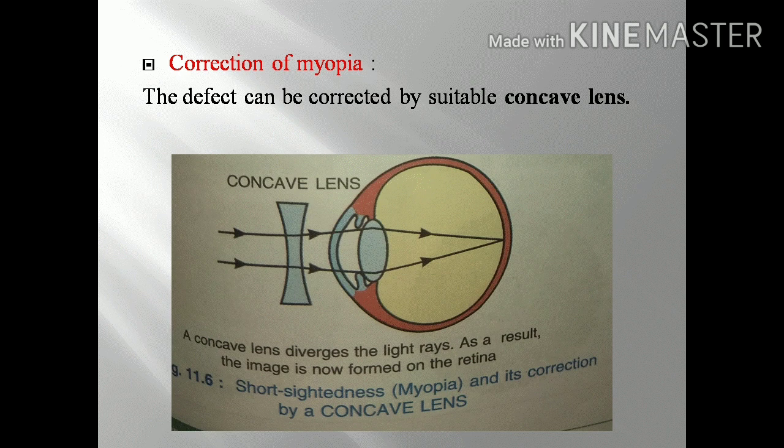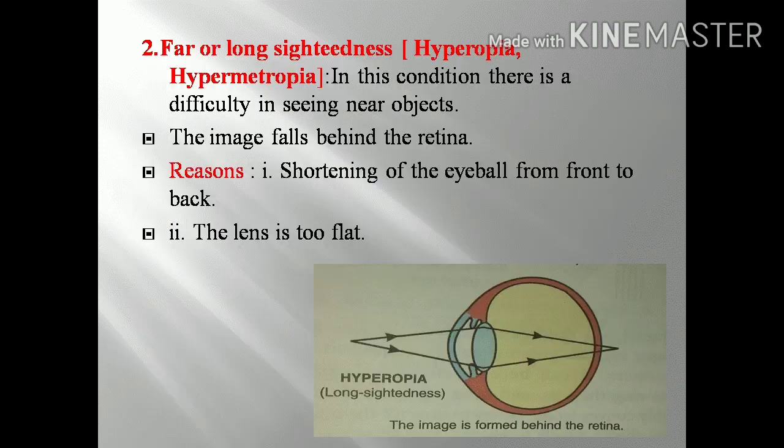When we use the concave lens, it diverges the light rays, and they join in the retina region, so the image forms clearly. This is the correction of myopia. In the diagram you can see we are using the concave lens.